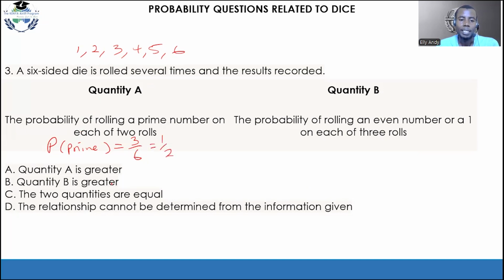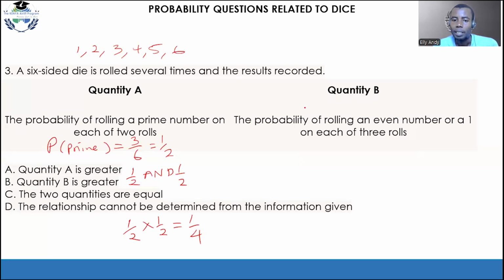The probability of getting a prime and then a prime would be a half times a half, which gives a quarter. So our quantity A is a quarter.